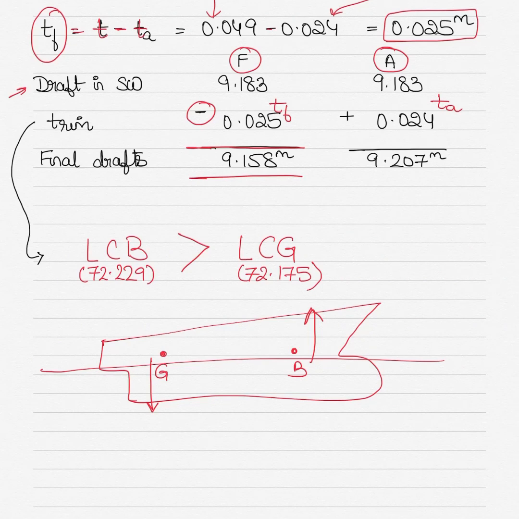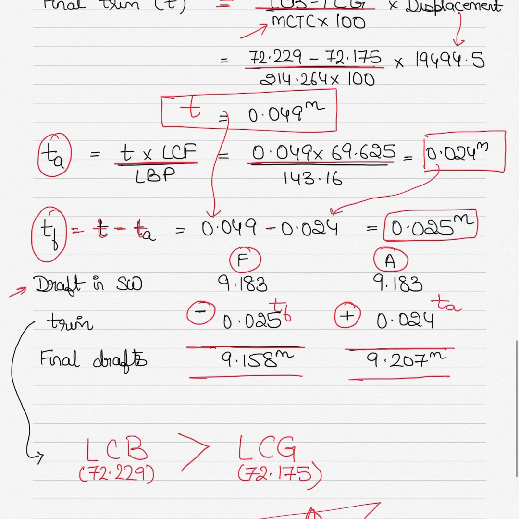And because the center of gravity is aft of the center of buoyancy and the aft will be sunk, you will be adding the change in the trim aft to the hydrostatic draft and getting the final aft draft.